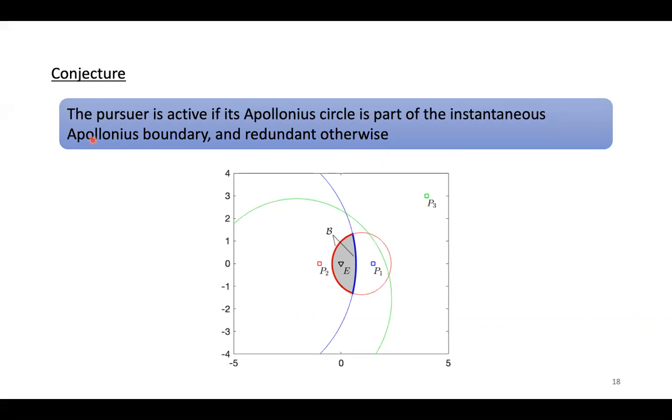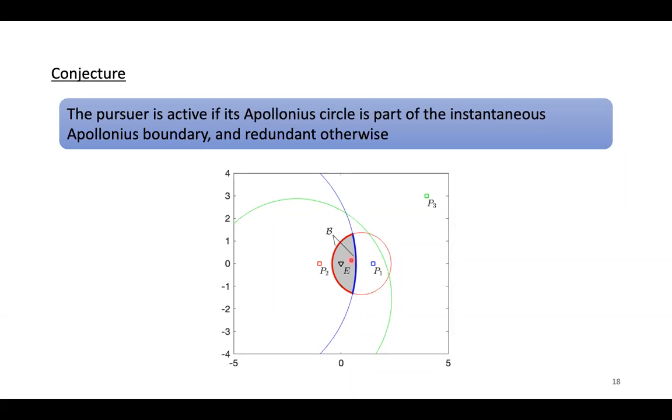The pursuer is active if its Apollonius circle is part of the instantaneous Apollonius boundary and redundant otherwise, which means given the initial positions, I can obtain the Apollonius circles in closed form, and that will give me the Apollonius boundary too. And if I know that the pursuer is not part of the Apollonius boundary, I can call it redundant and let it rest.